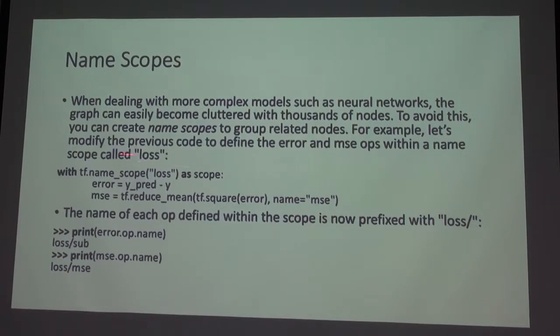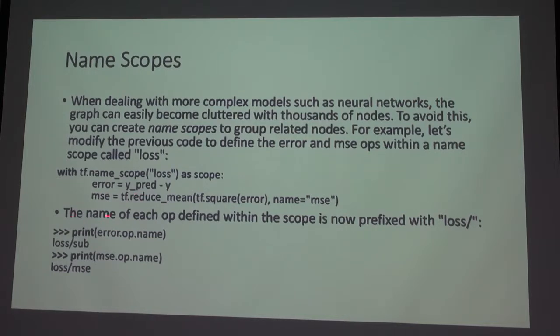For example, let's modify the previous code to define the error and the MSE ops within a name scope called loss. Here we use the with tf.name_scope, loss as scope. Underneath this with statement, there's a block which defines error and MSE.